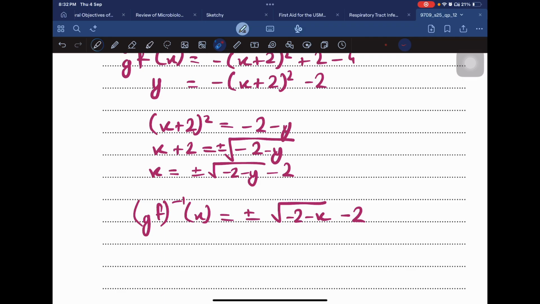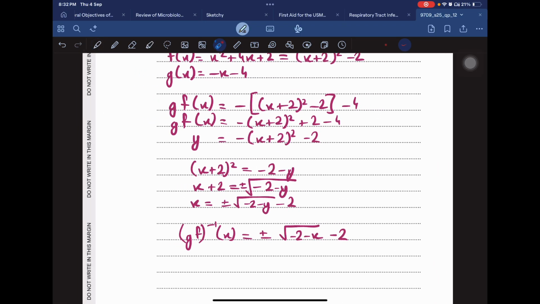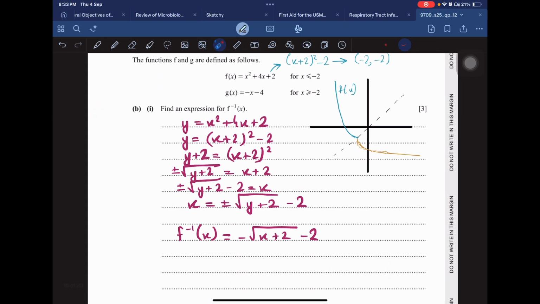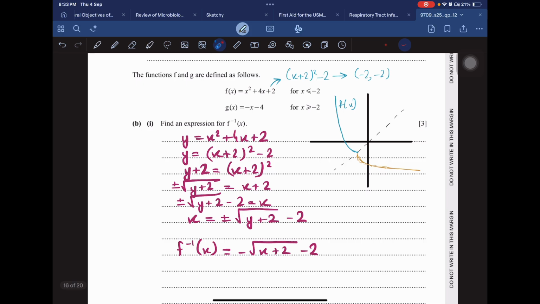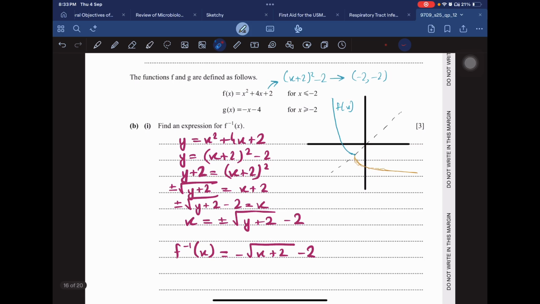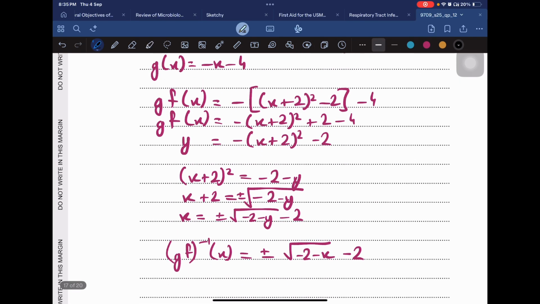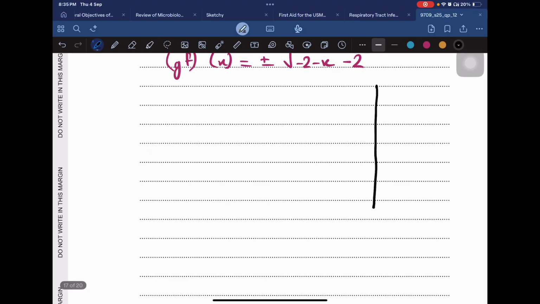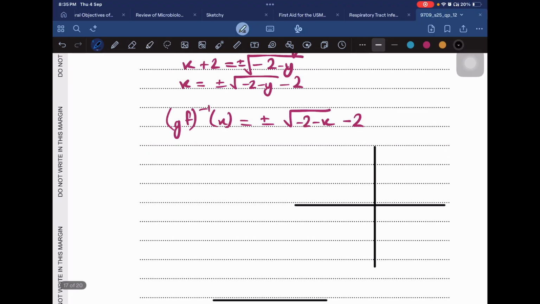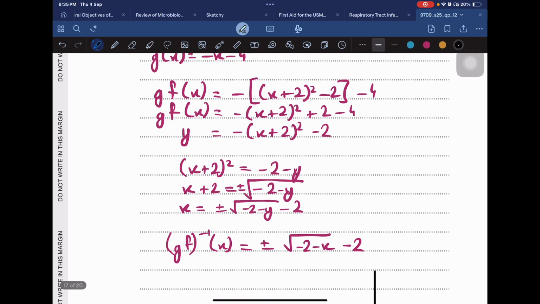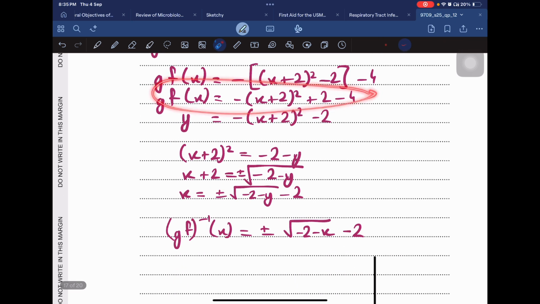Now again, we need to be able to decide whether it will be positive or negative. So how do we decide that? Alright, if we again try to draw a simple graph, so if we look at gf, gf(x) is this function over here, which can be simplified to −(x+2)² − 2, right?